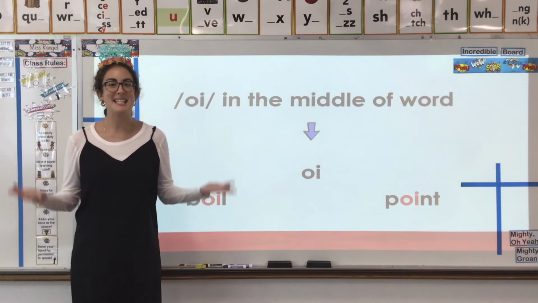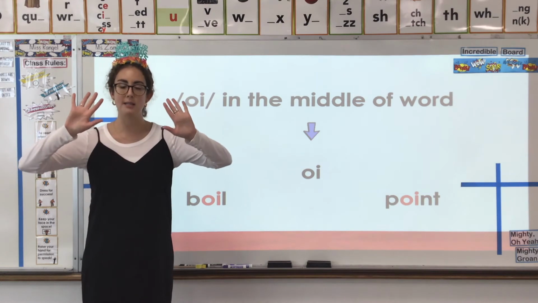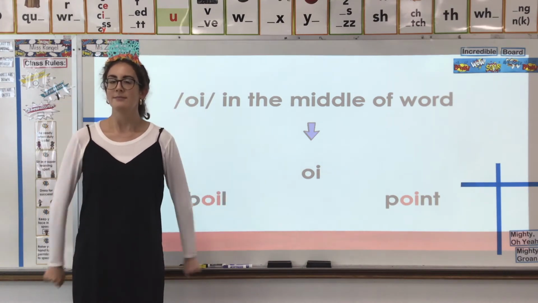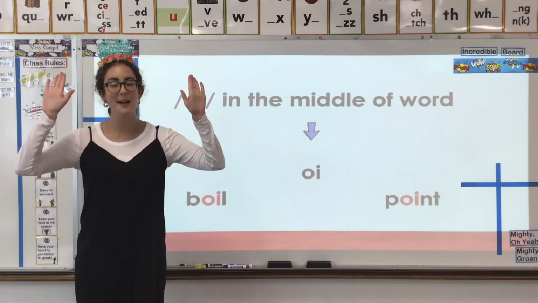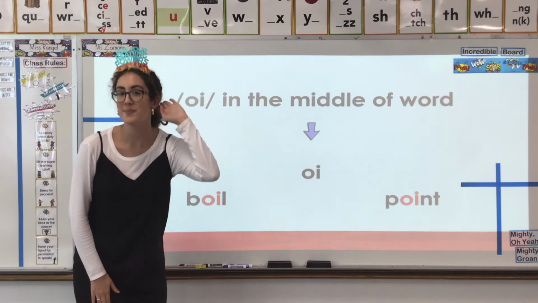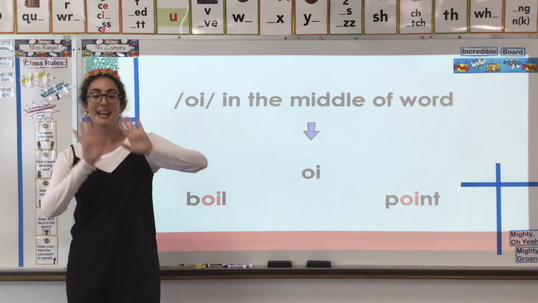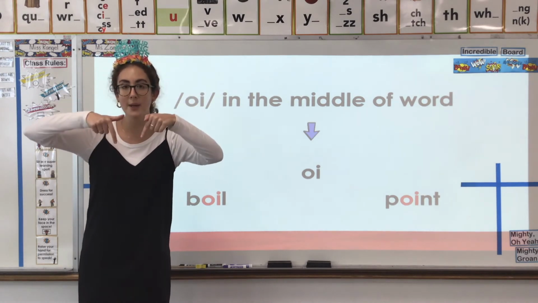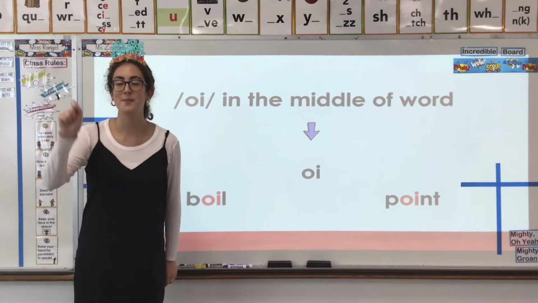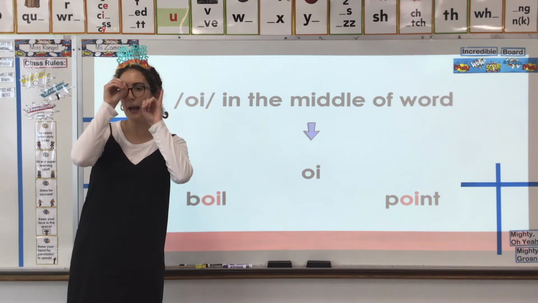Okay, since this is pretty new, we are going to put it in our bodies with mirror words. So I want you to say it nice and loud with me. Are you ready? Mirror words. When I hear oi in the middle of a word, I spell with O-I.